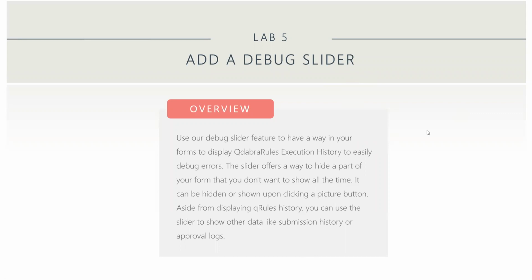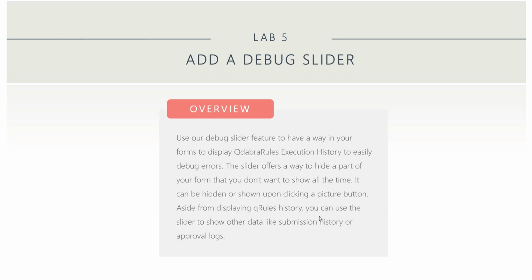All right. So for Lab 5, we are going to discuss the debug slider. You've actually seen this from our past demos, wherein you see the footer part of our forms, where you see the debug cursors that we have executed.